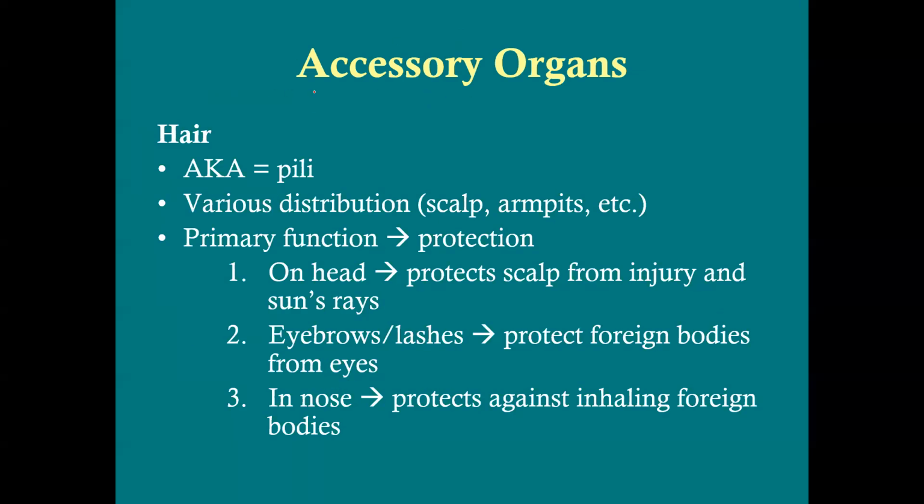Now we have what we call accessory organs. Once again, accessory organs are not directly a part of the system you're looking at, but they contribute significantly to the system, right? So the hair on your skin is considered an accessory organ, right? If you shaved all the hair off your body, would you die?